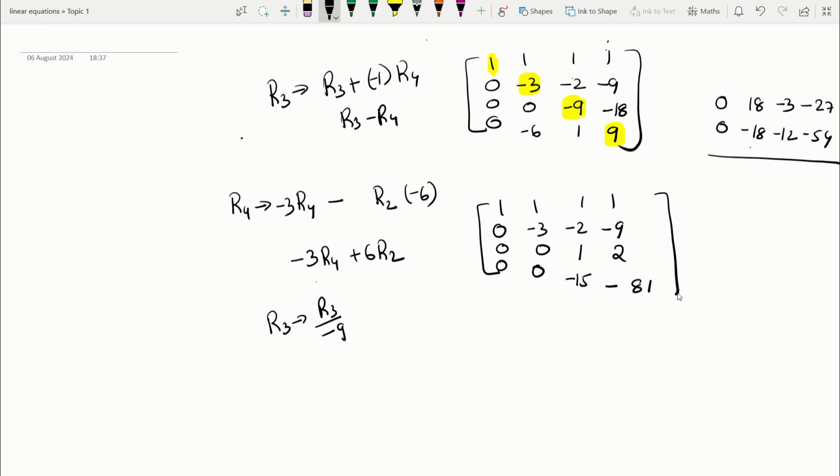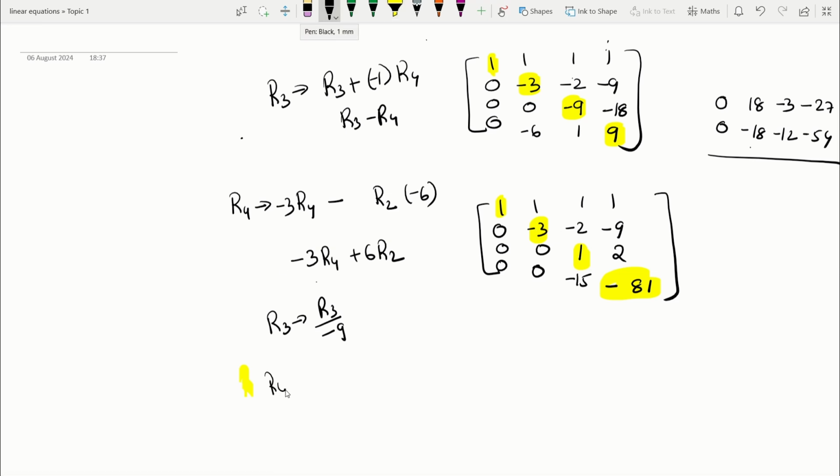R4 minus 3 R4, right? 0 minus into minus plus 3 R4. 18, and minus 3 into 1 is minus 3, and 9 3s are minus 27. Then 6 R2. Then this is 0, minus 18, and minus 12, minus 54.